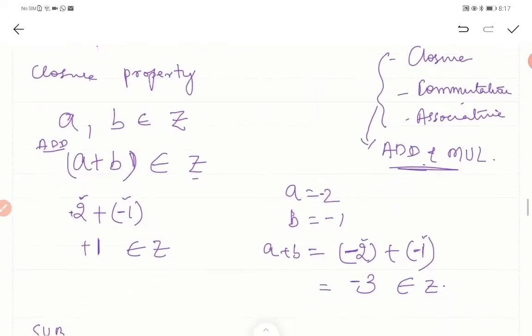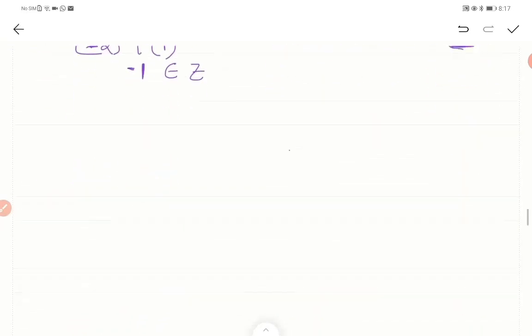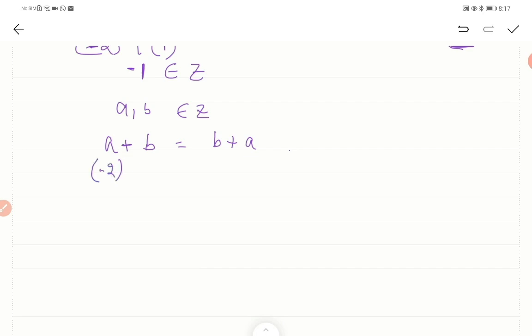This was your closure property. Now, the commutative property. If a and b belong to integers, a plus b should be equal to b plus a. If I take minus 2 as a and minus 3 as b, I can write this as minus 3 plus minus 2.